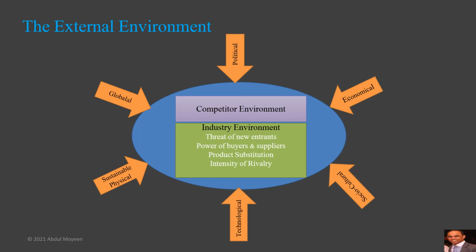I repeat, a firm's understanding of the external environment is matched with the knowledge about its internal environment to take strategic decisions or actions and responses that result in strategic competitiveness and above average return. Please note, although firms cannot directly control the elements of the external environment, they may be able to influence and will be influenced by these factors.